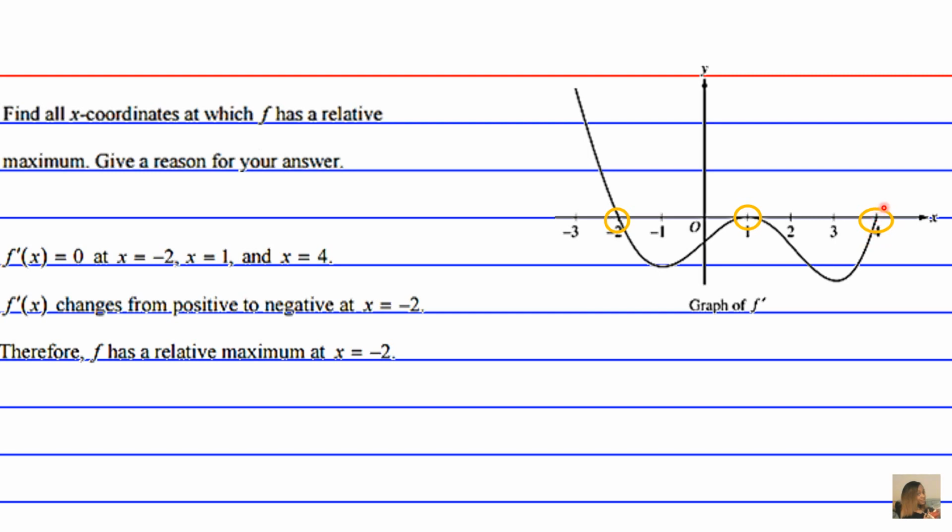So this could be a relative minimum, because if the derivative goes from negative to positive, that means the function would have to take a dive and then go up. All right, so that could be considered a local or relative minimum. All right, so that's not what we're looking for.